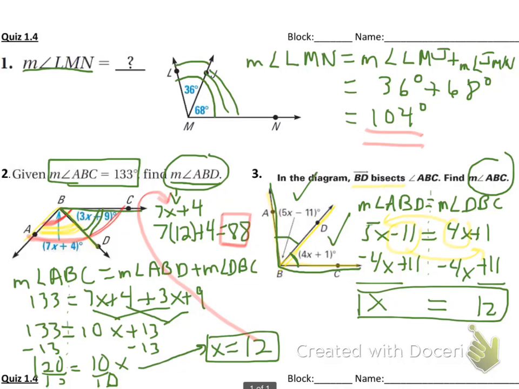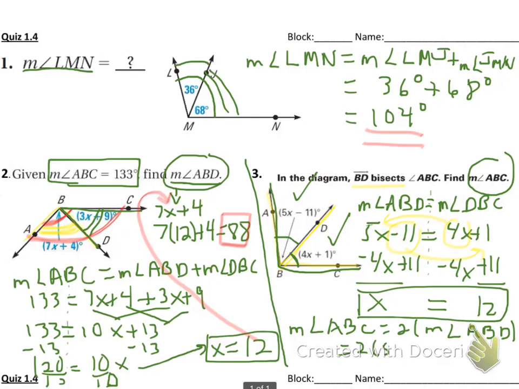So the measure of angle, let's put a line between the previous example, ABC equals 2 times the measure of angle, let's say ABD. That's 2 times 5 times 12 minus 11. Let's do this in square parentheses.